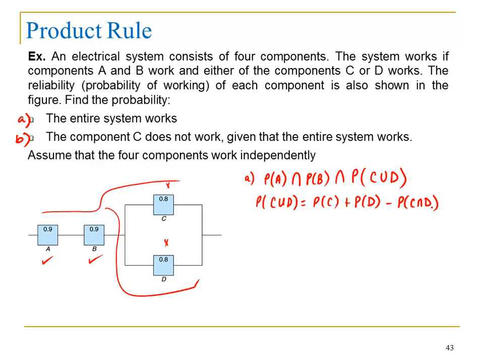Okay? And by theorem 2.11, independence, we know that the probability of C intersection D is going to be equal to the probability of C times the probability of D, which is 0.64, 0.8 times 0.8.